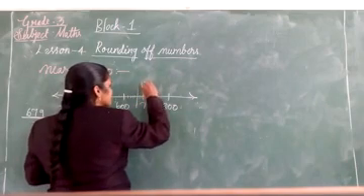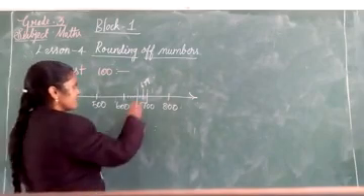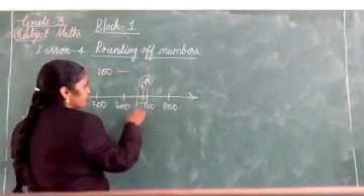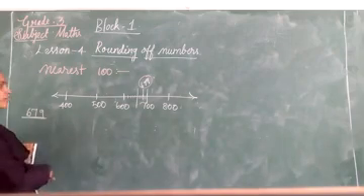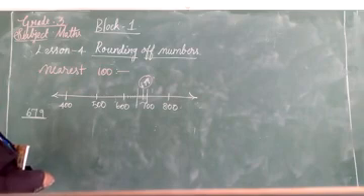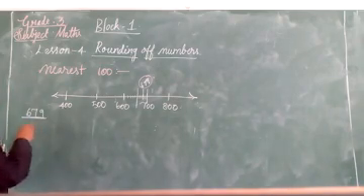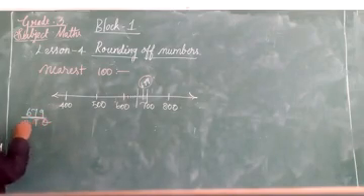Therefore 679 will be here. Then we have to look at the digit in the place of tens. Nearest 100 means we should look at the digit in the place of tens. Here this one is ones, tens, hundreds.